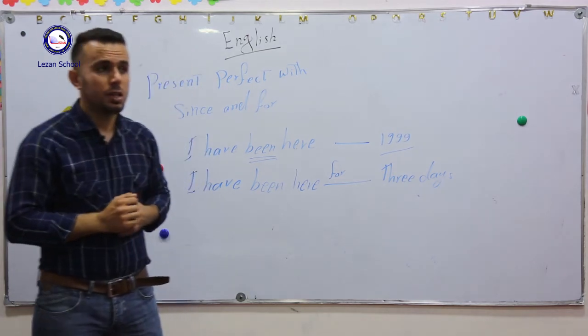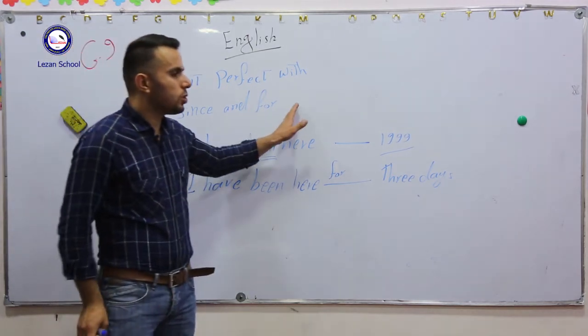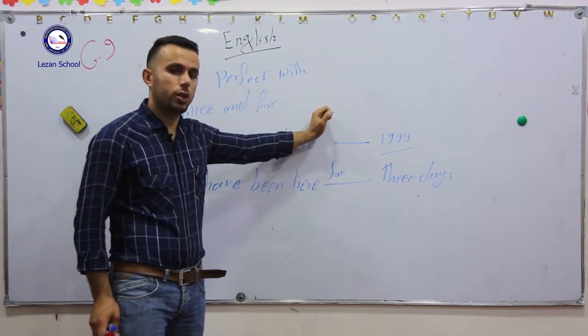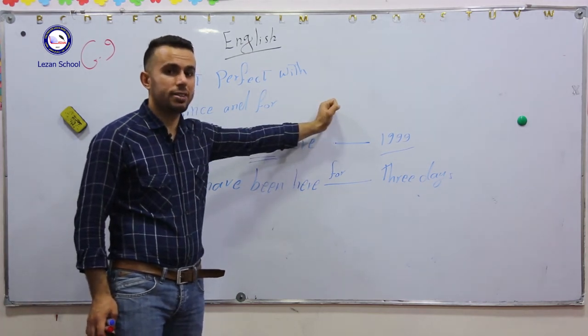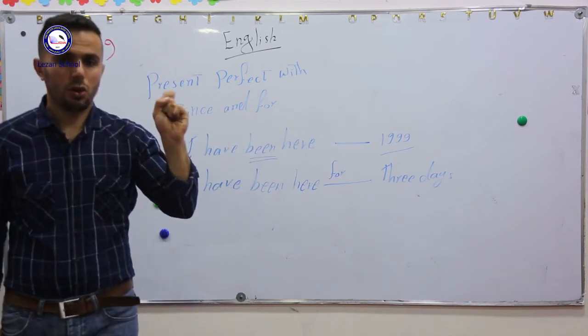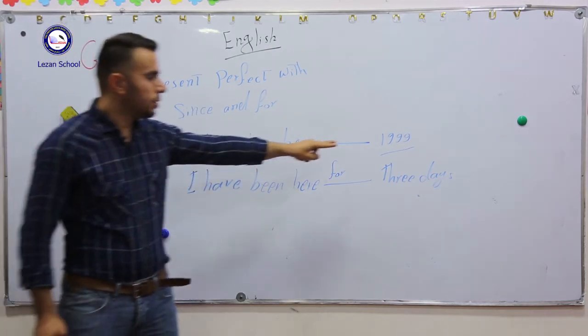But do not forget, we cannot use it with 4 o'clock. It is not countable. Since 4 o'clock, not for 4 o'clock. We cannot use for with clock, with years.